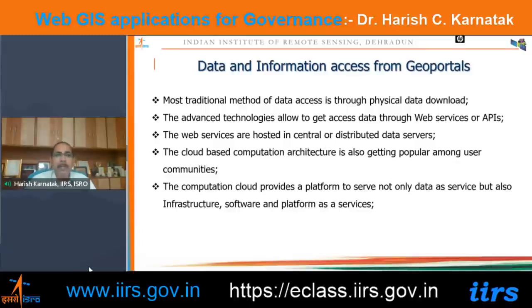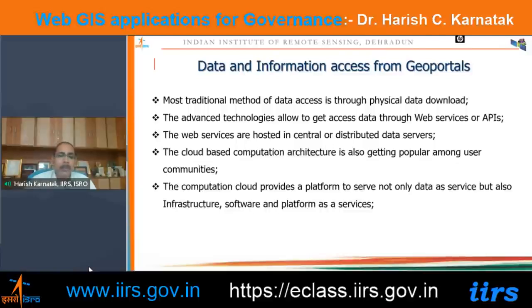How is it happening? Think about accessing satellite imagery through the ISRO Bhuvan portal, Google Maps, or Bing Maps. Suppose they were not sharing their services as a web service or API. Then, if you adopt a traditional data sharing system, you have to download this data onto your local computation device, like a desktop computer, laptop, or mobile, and then use it.